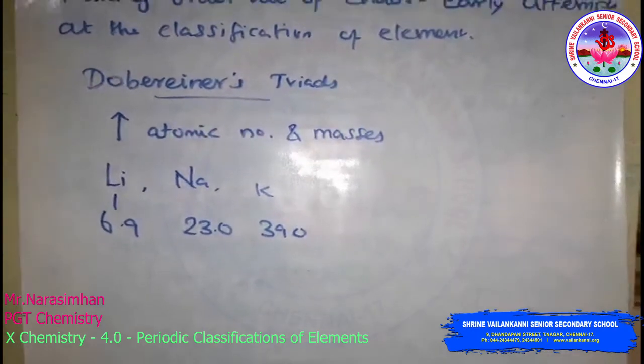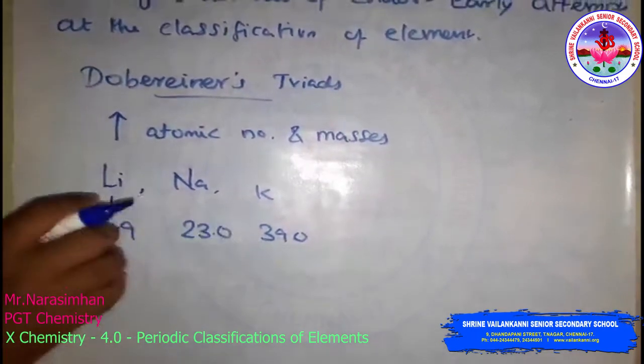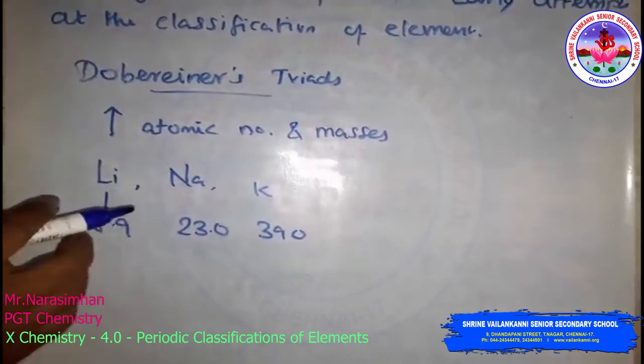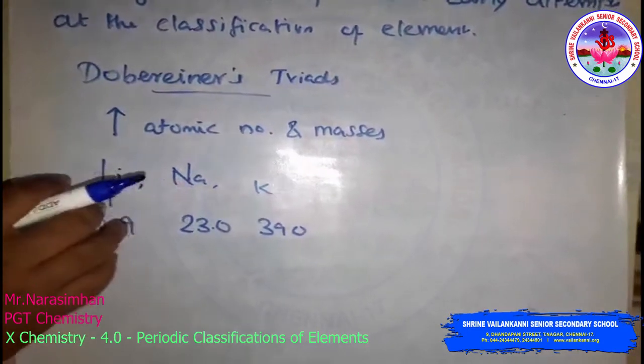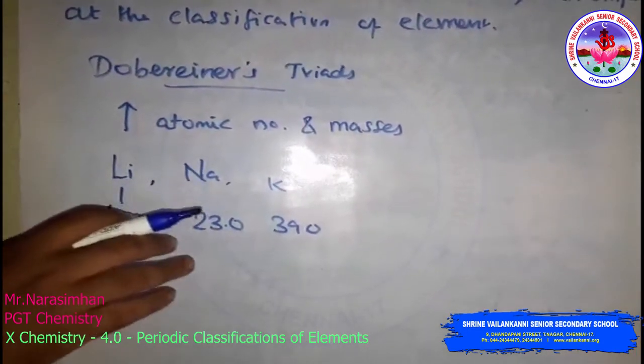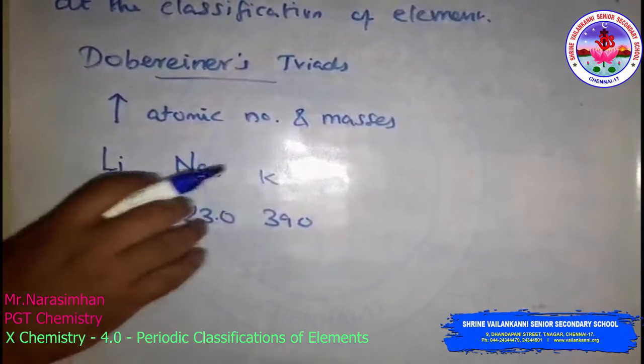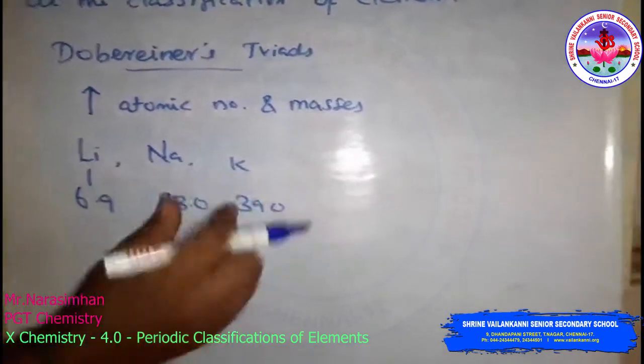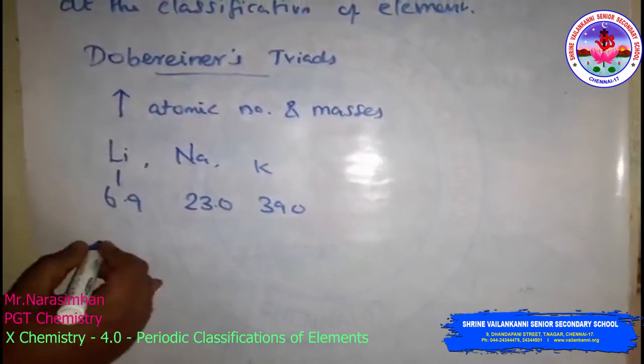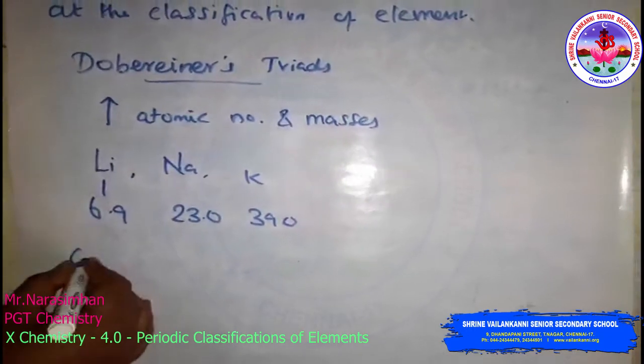How does this compare with the atomic masses of these elements? These elements are arranged downwards in the order of increasing atomic masses. For example, we will see a table group-wise.